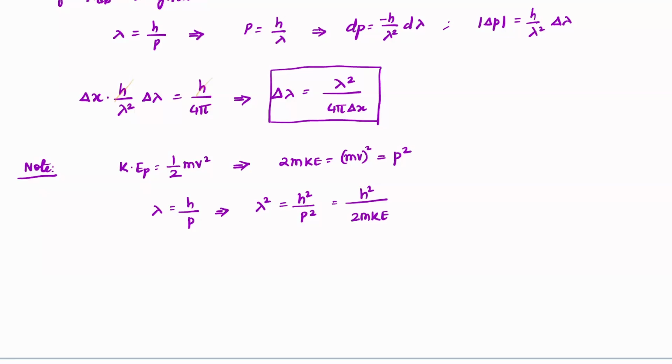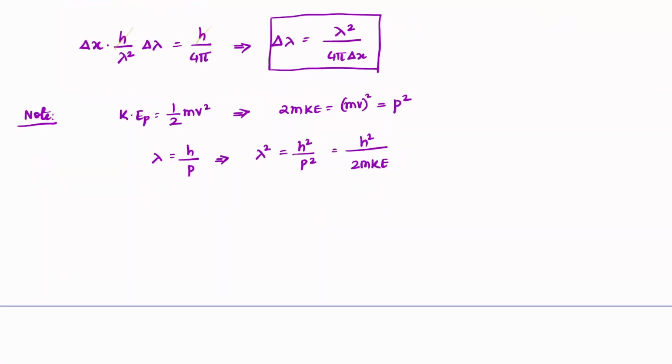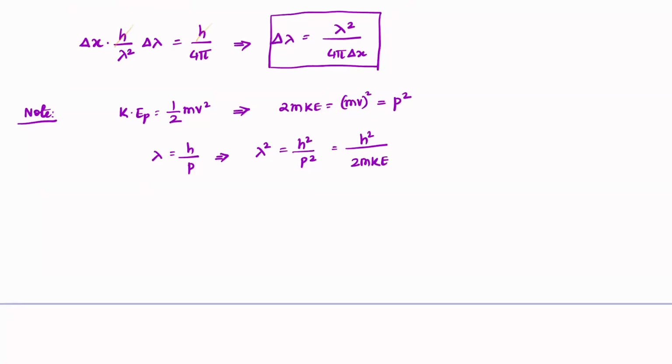Now differentiate this once again, if you want to get it in terms of kinetic energy and lambda. On differentiating, I get 2 lambda into d lambda, equal to h square by 2m with minus by kinetic energy square into d of kinetic energy. Lambda can be represented back as this same value, so I can take that lambda value to the other side.